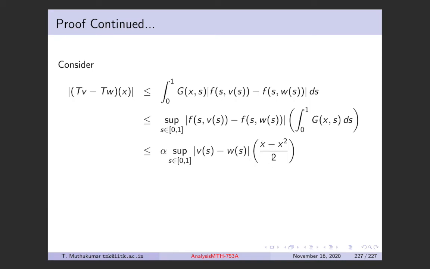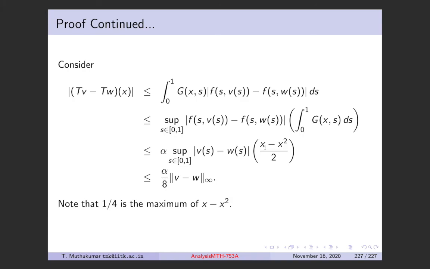Now what we know is that this function x minus x squared has the maximum 1 over 4. You can use calculus to figure this out. You differentiate it and equate it to 0, and you get the critical points.